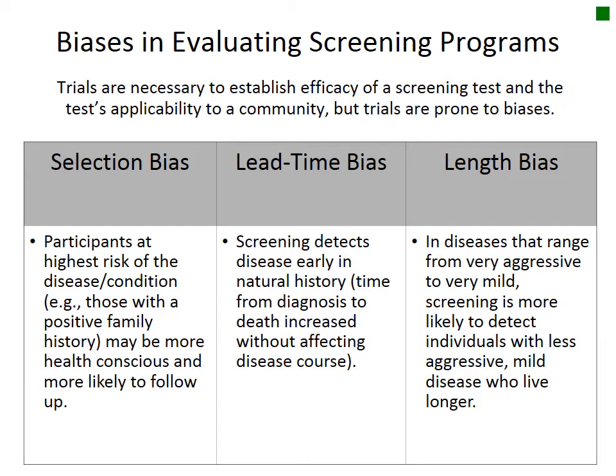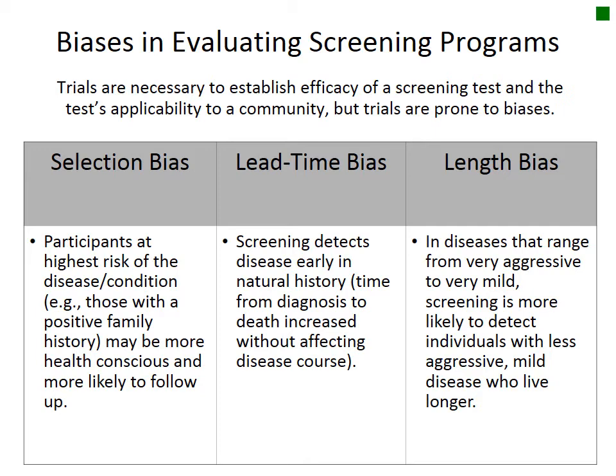You would think that's a good thing, but there's the flip side of a selection bias as well, where the people who might need it most are not actually getting screened for a particular problem.